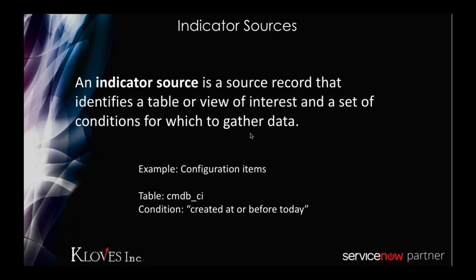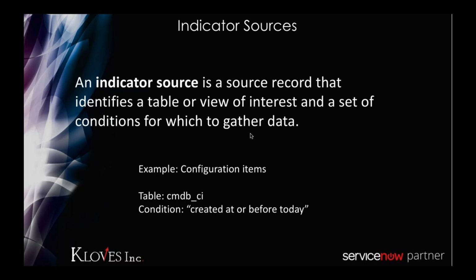So what is an indicator source? An indicator source is a source record that identifies a table or a view of interest and a set of conditions for which to gather data. An example here would be a generic configuration items indicator source.